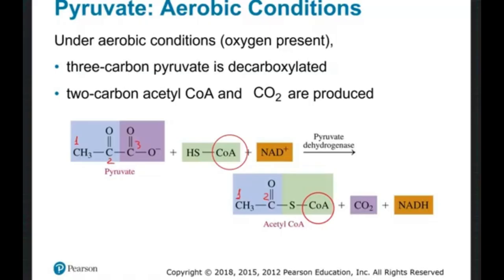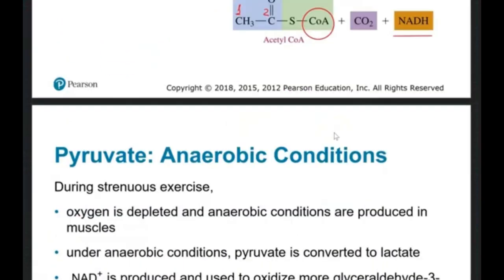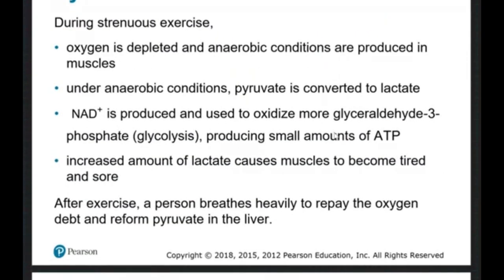What do you get out of it? You get another molecule of NADH that carries electrons and hydrogen ions. Under anaerobic conditions, pyruvate is converted to lactate. Okay?